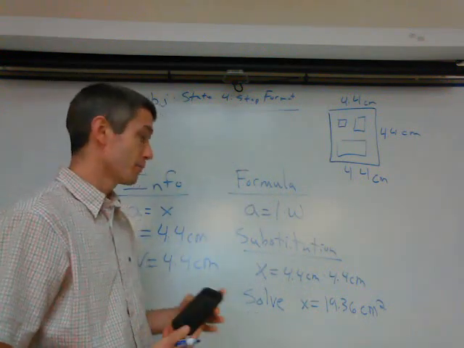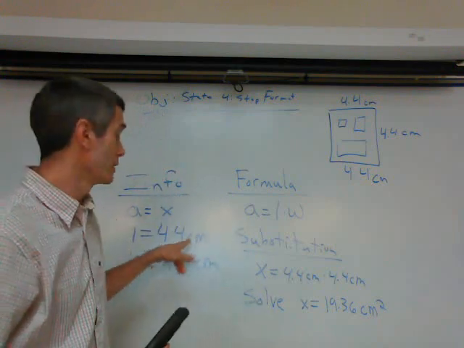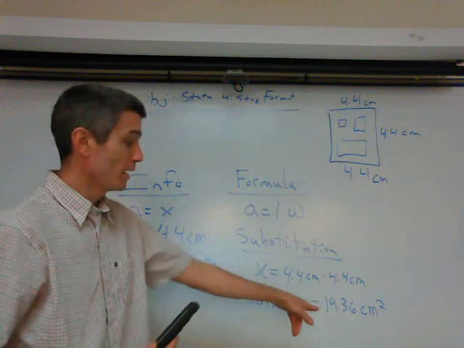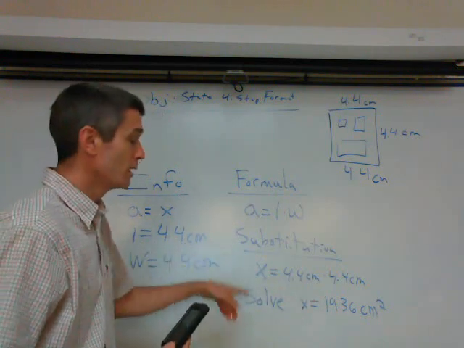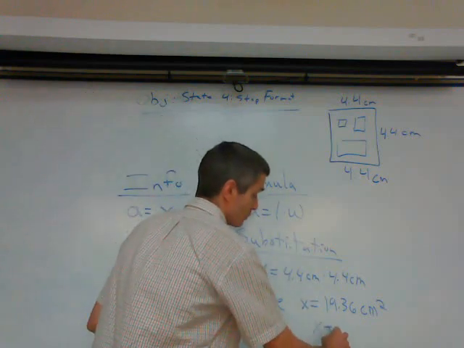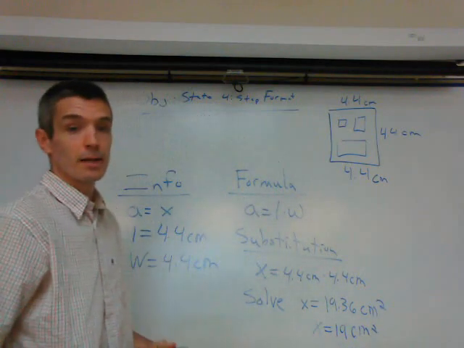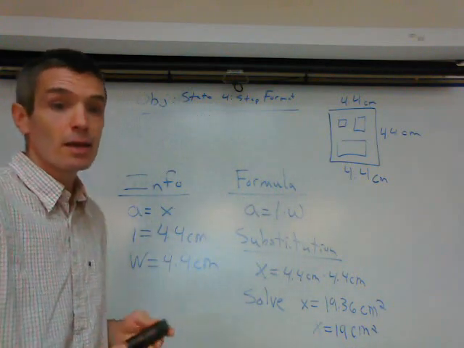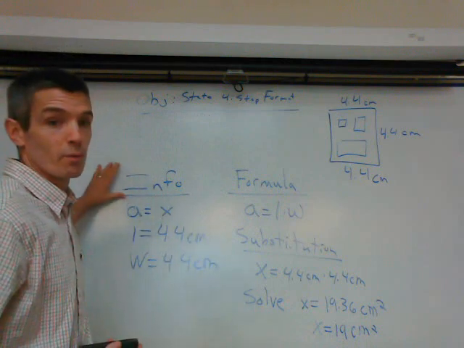And the last step of the 4-step, or any kind of math problem, is to round. And since these have 2 sig figs, and that's got 4, these need to have 2. Excuse me. This needs to have 2, so I would round, and my answer becomes 19 centimeters squared.